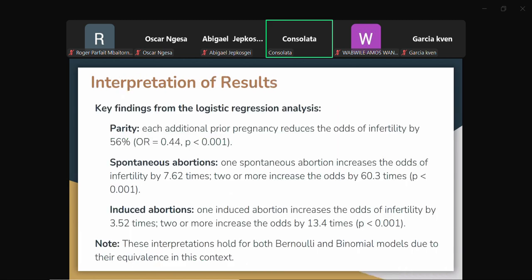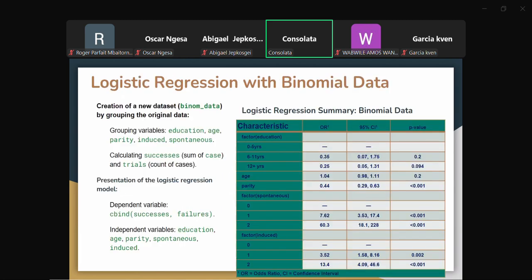Then when you go to spontaneous, one spontaneous abortion increases the odds of infertility by 7.62 times. Remember, I said that spontaneous abortion is the natural loss of a pregnancy or a miscarriage. So meaning that the more miscarriages you have, the more likely you are to be infertile, because it means maybe there is an underlying health issue that is affecting your fertility.